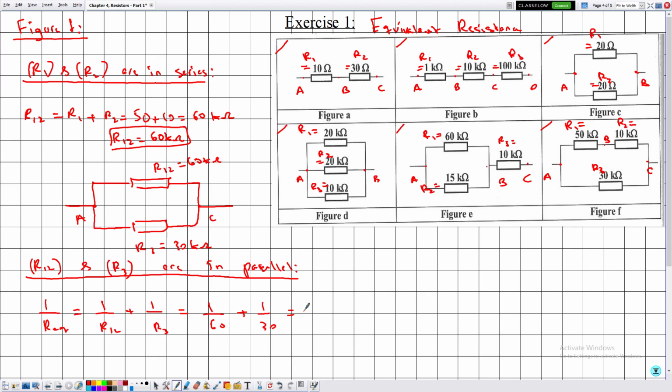Now plugging this expression into the calculator, the sum of these two fractions is 1 over 20. Now this value represents 1 over R equivalent, and we are interested in determining the value of R equivalent. So if we cross multiply, then R equivalent is equal to 20.